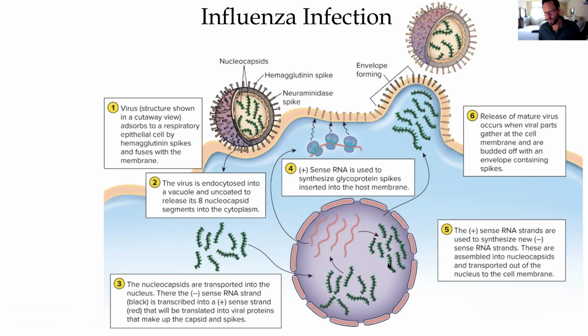It replicates more negative sense RNA segments that also leave the nucleus and then go to the site at the membrane of the cell where those spikes have been intercalated in, and then it wraps it all up into a nice little particle and buds off. Okay, and that's the flu. That's what it does.